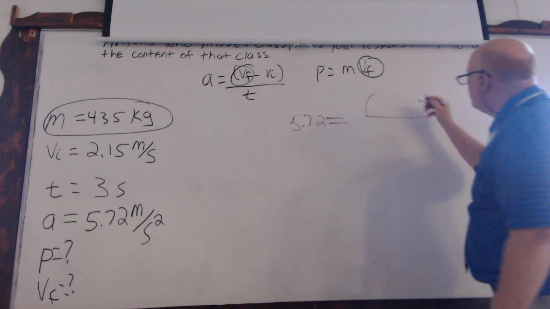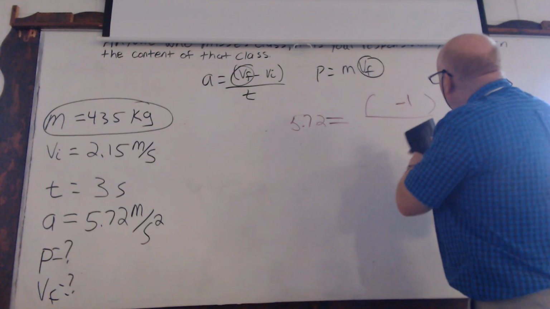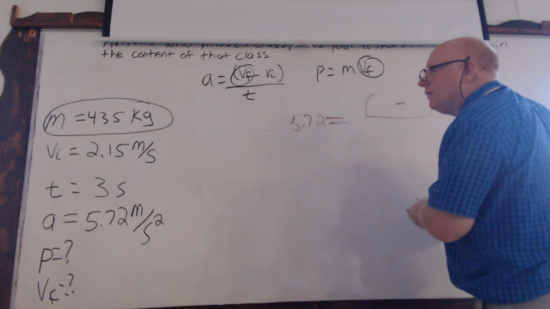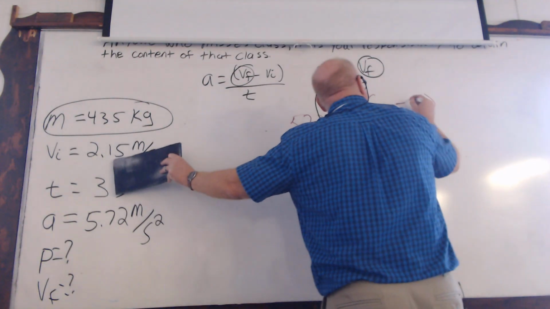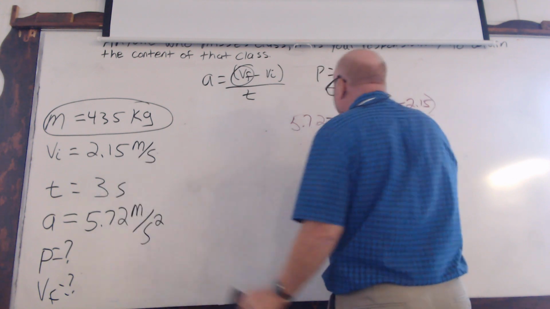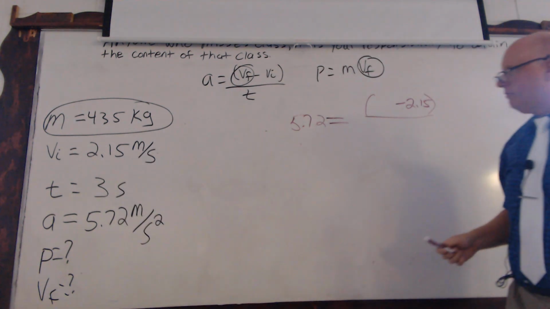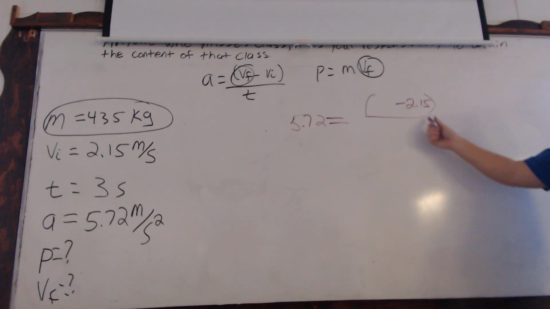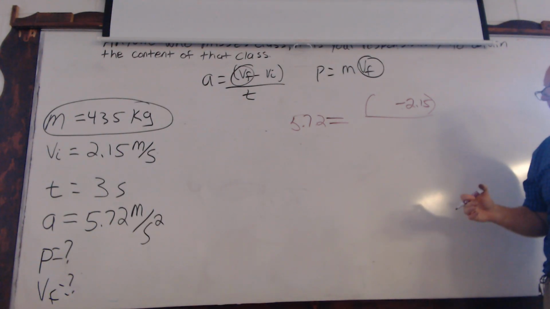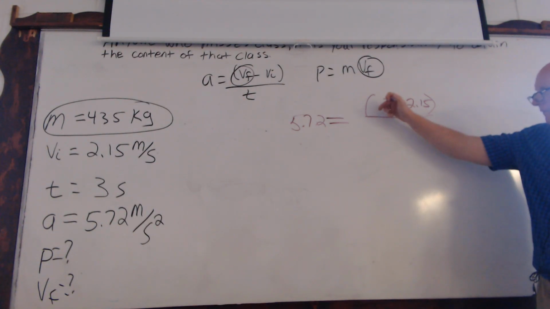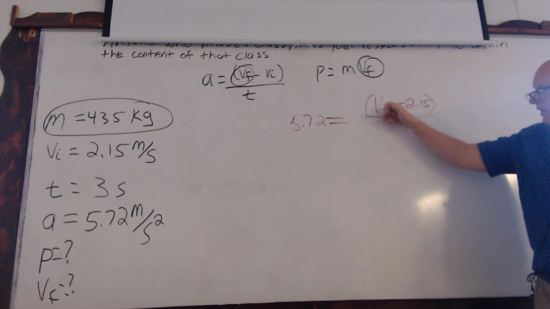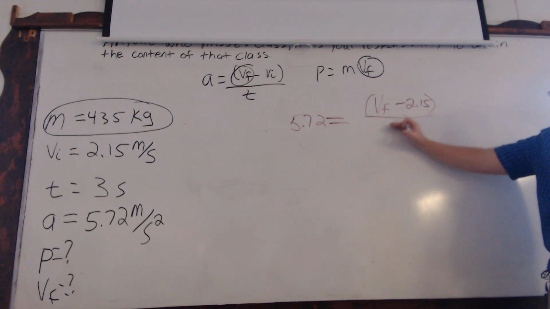We have the initial velocity by plugging those in with what we had set up earlier. We know that 2.15 is here because that's where the formula tells you to put it. What goes in front of the 2.15? Someone said VF, so that's right. So then what goes on the bottom then?